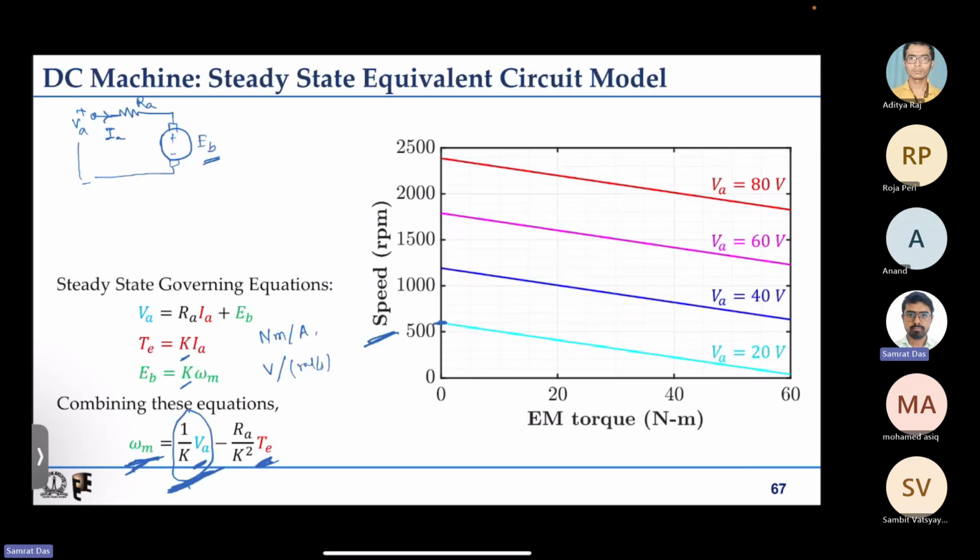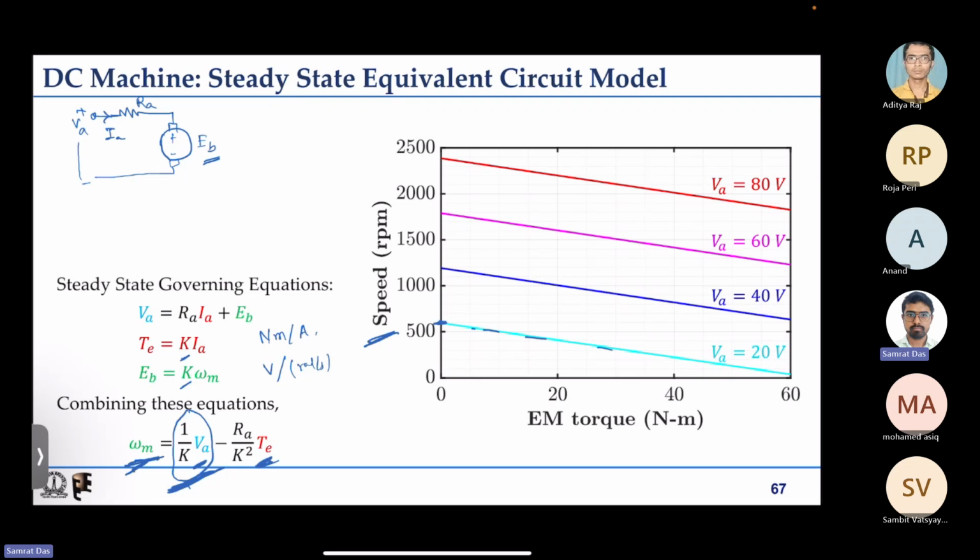For Va equal to 20 volt, this is the steady state motor characteristic, and this straight line indicates that. It can be shifted by changing the armature voltage we apply across the motor.